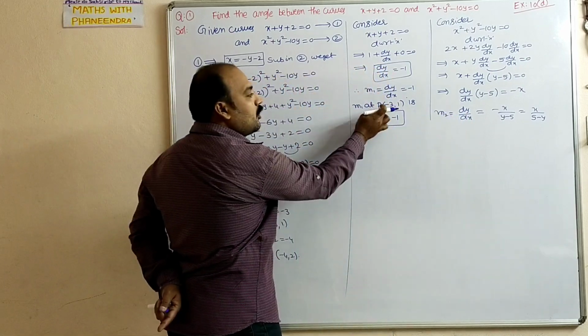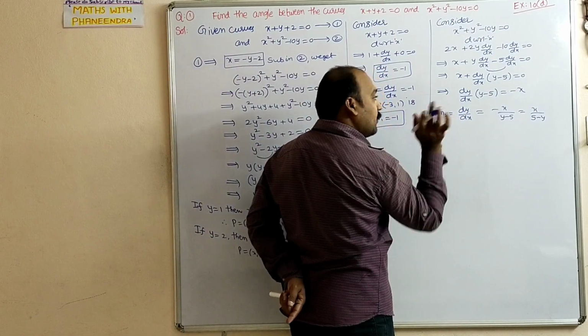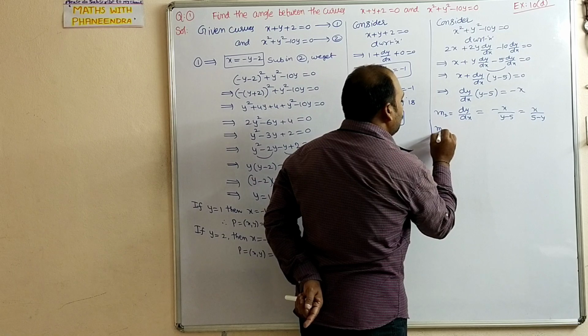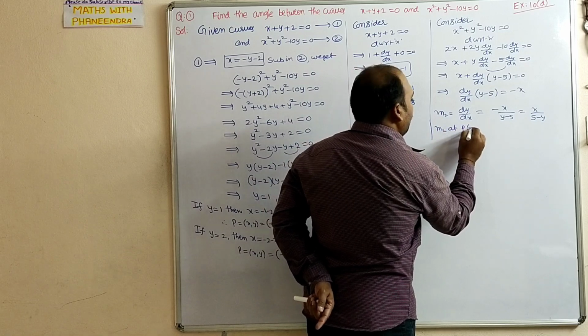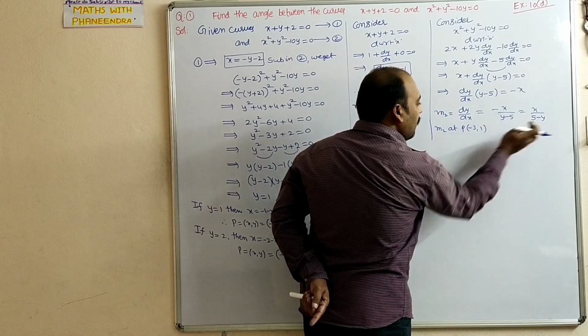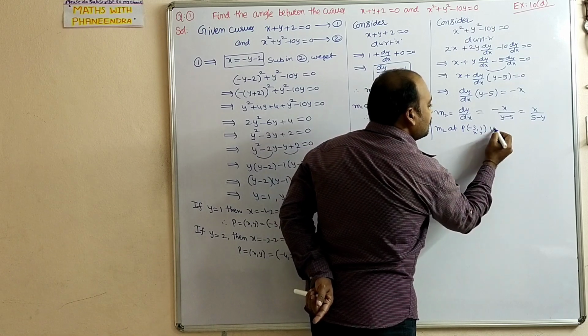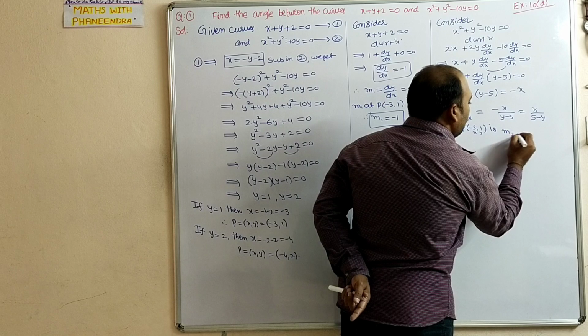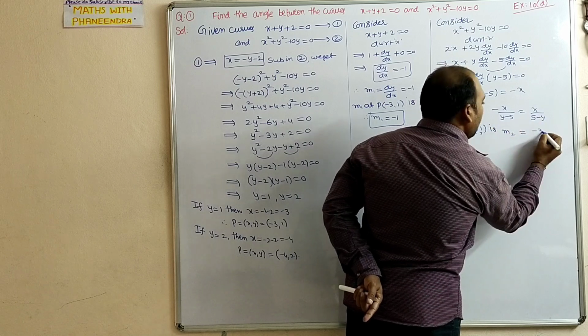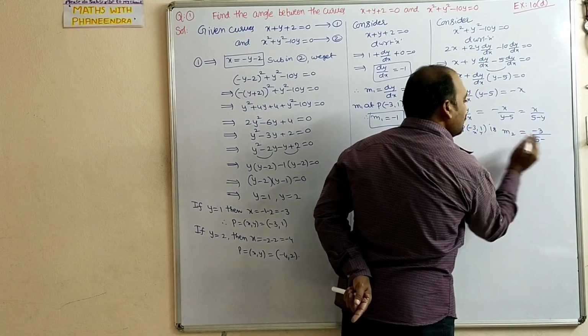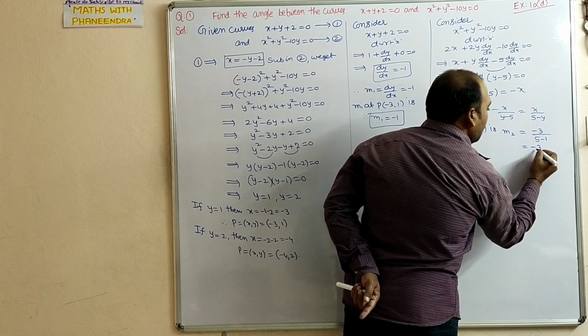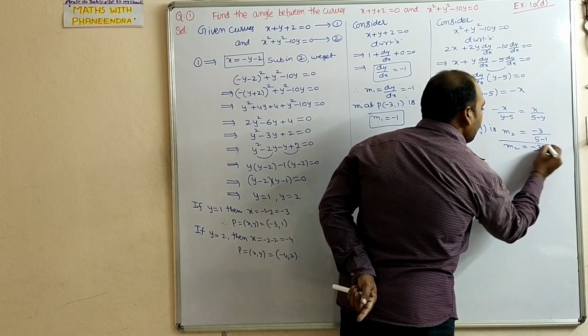This is the second curve slope, so we can assume that m2. But m2 also at what point? Same point only you can take. Don't take that other point. So m2 at P of minus 3 comma 1, in place of x comma y, minus 3 comma 1 substitute: m2 equal to x value is minus 3 divided by 5 minus y value is 1. So which is equal to minus 3 by 4, m2 value.